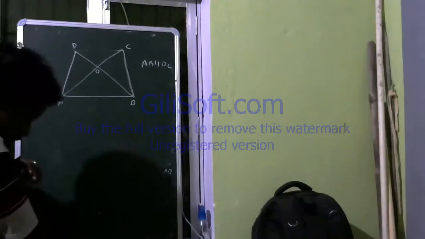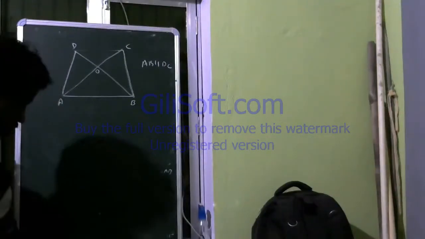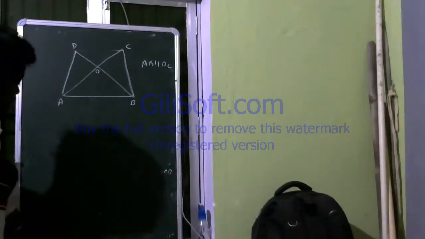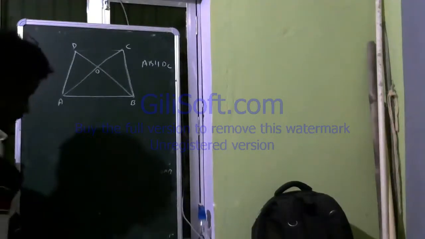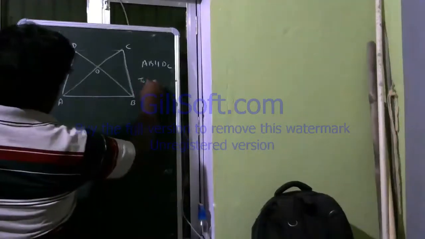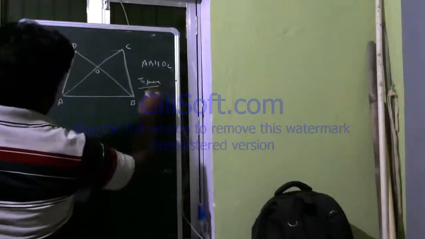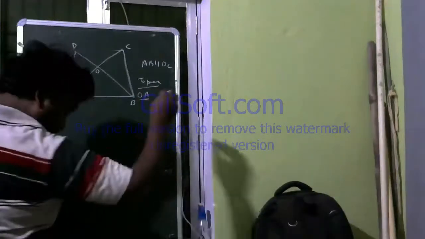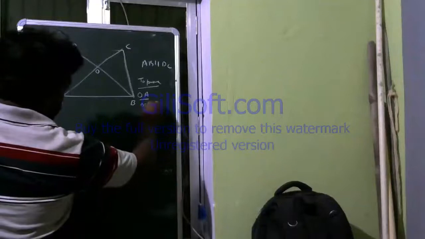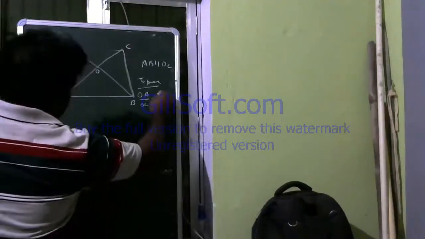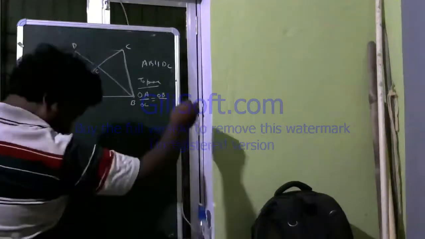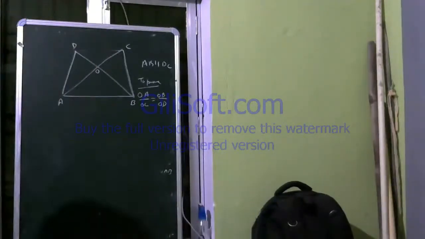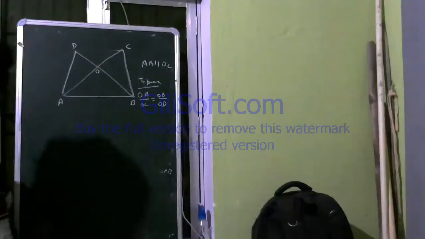We have to prove by similarity criteria that OA by OC is equal to OB by OD. Look here. How will we prove it?